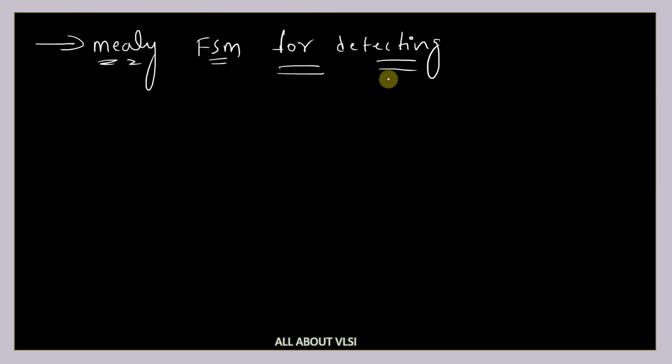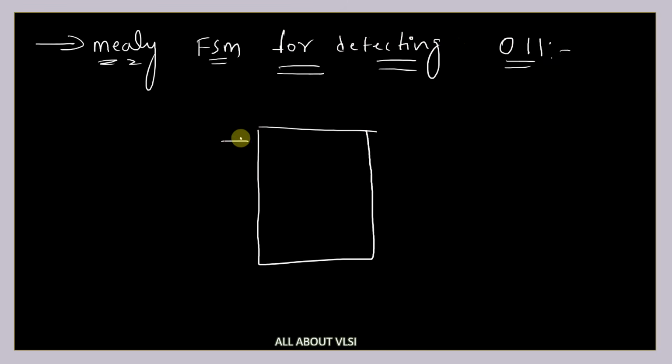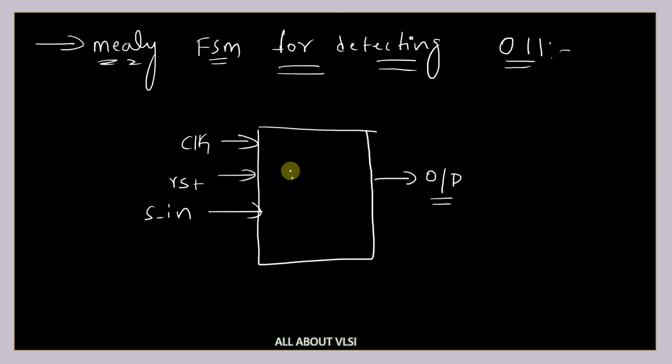Let's say I want to design a Mealy FSM sequence detector for the sequence 0, 1, 1. What do I mean by this? Let's say I have a block diagram like this, and it has inputs clock, reset, and serial input, and my output. Here my output will become 1 whenever this particular black box detects the input 0, 1, 1.